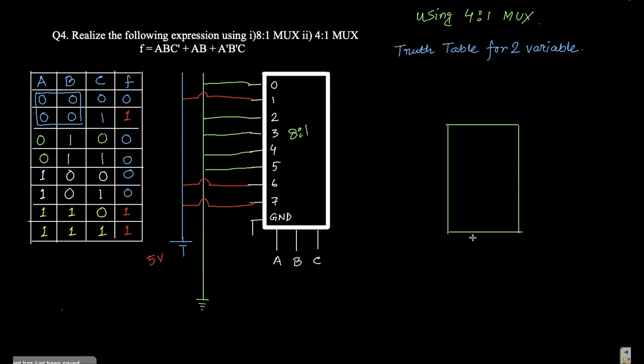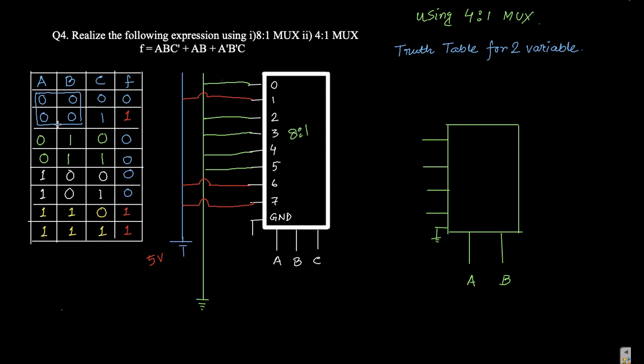This is a 4:1 multiplexer. So the select line should be 2, and the input line should be 4. And this one is the ground line. Now what should we do? Taking A and B as select line. This is A and this is B as select line.